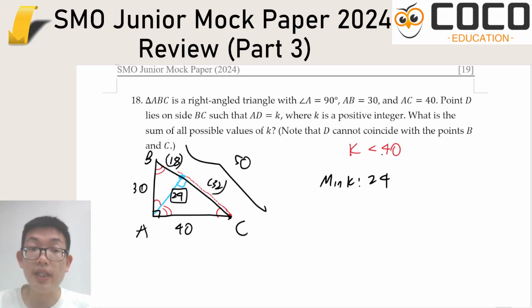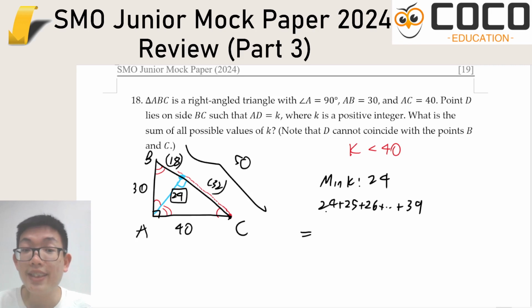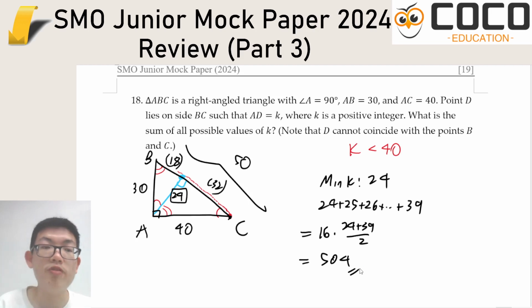The maximum, as we have said, can go up to 40. On the other side, it only goes up to 30, so that doesn't help. You just add all of this up. There are a total of 16 numbers here. And so the correct numerical answer is 504.